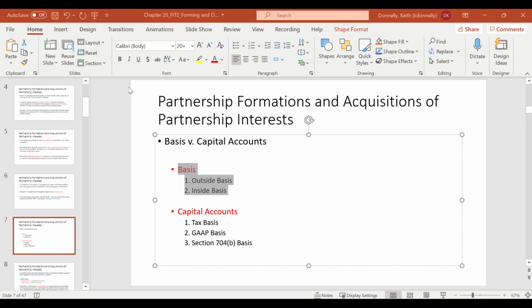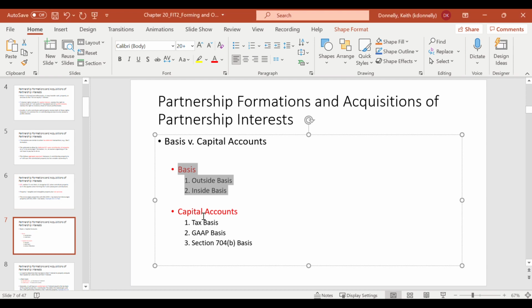And when you take it, almost everybody says, man, I had so many questions on basis, whether it's your basis as a partner in a partnership, your basis as an owner in an S corp, or a shareholder in a corporation. Basis is critically important.